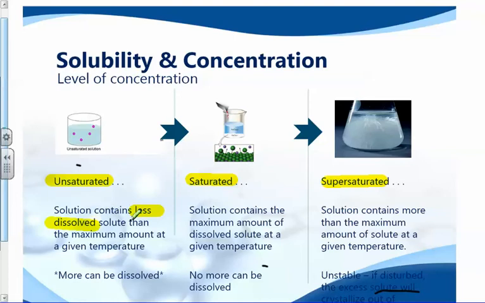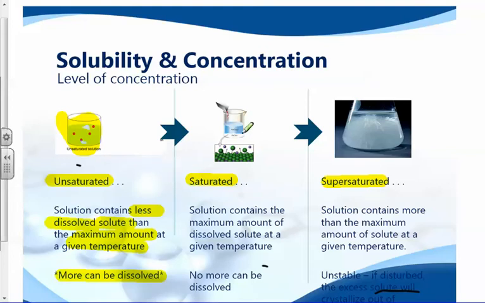So that solution contains less dissolved solute than the maximum amount at a given temperature. Okay, so it's not really sweet. So we can dissolve more. So that would be an unsaturated solution, and if you take a look right here, you might want to draw this little graphic where you have the molecules showing that there's a lot more that could be put in there.